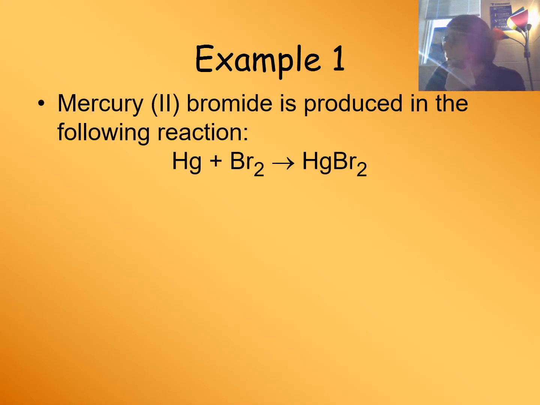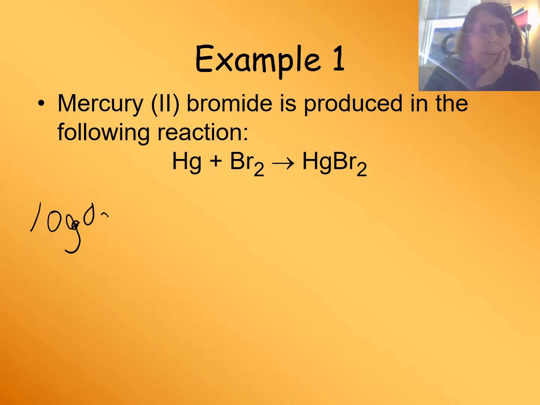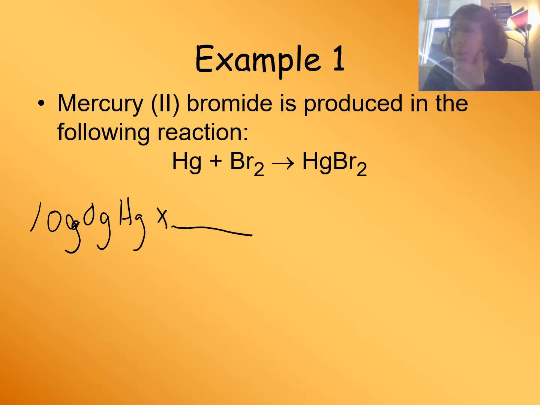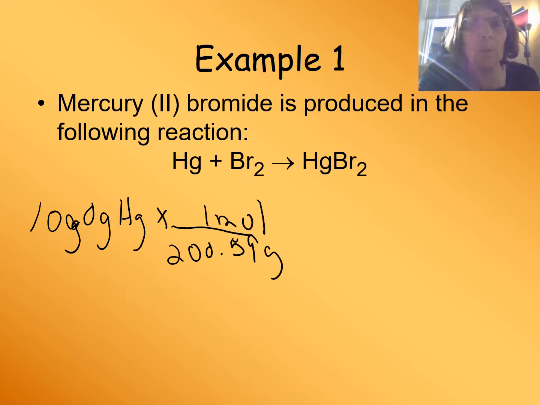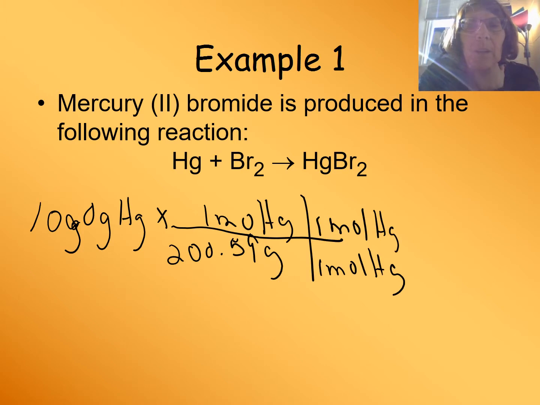All right, here's your reaction. So the first thing we're going to do is figure out which one is the limiting reactant. So we're going to go with 10.0 grams of mercury. And then we're going to go from mercury to bromide. Then we have 200.59 grams per 1 mole of mercury. We have 1 mole of mercury to 1 mole of Br2.